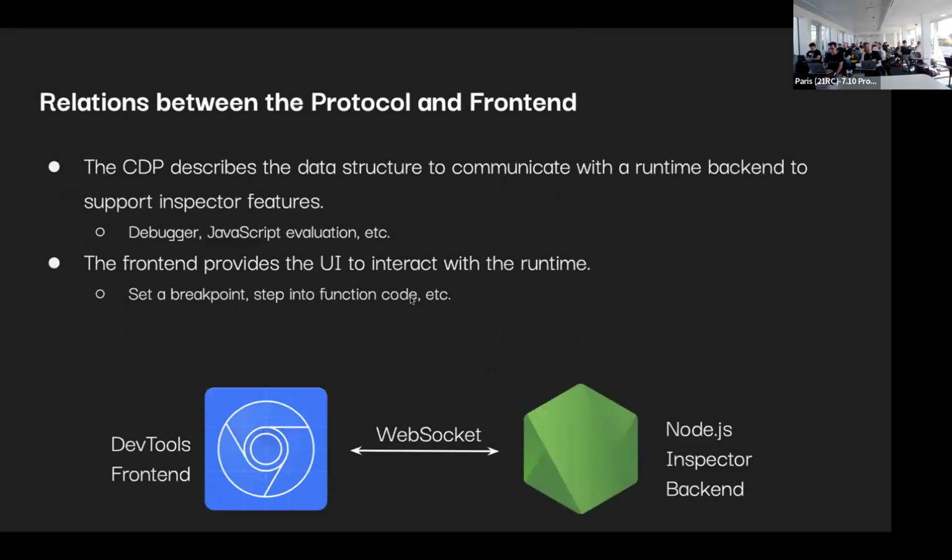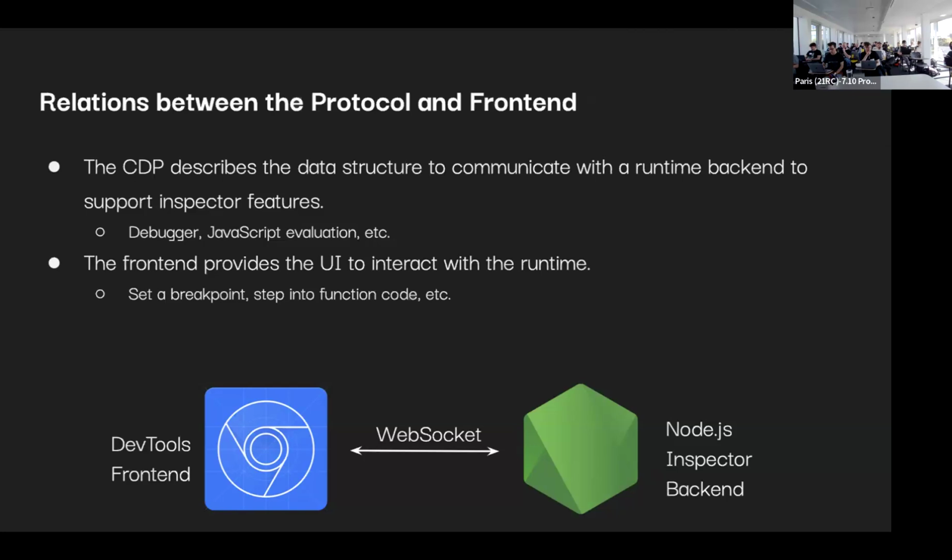And like we just said, the protocol and the front end that we use to debug a Node.js process are two separate repos. I can hardly say that they are two separate projects, since they are developed by the same team, the Chrome DevTools team. But anyway, the protocol is implemented in the DevTools backend, which in our case is a Node.js process, so it's implemented in the Node.js repository.